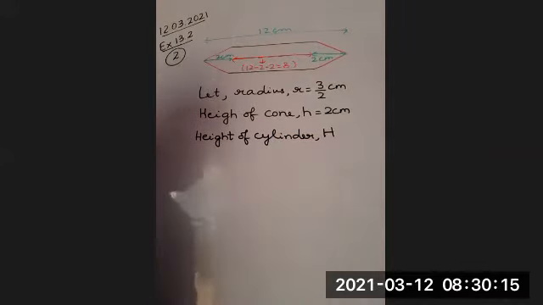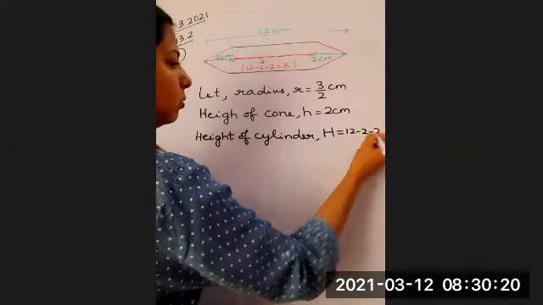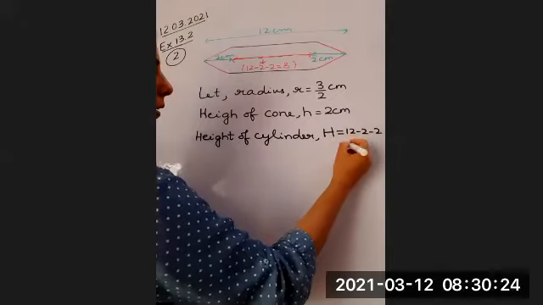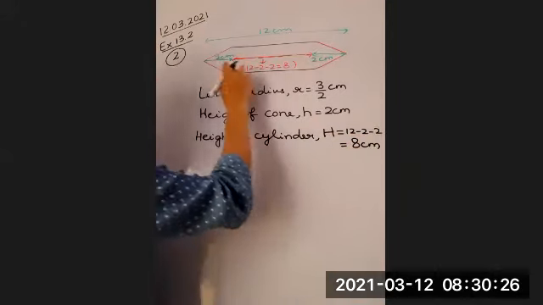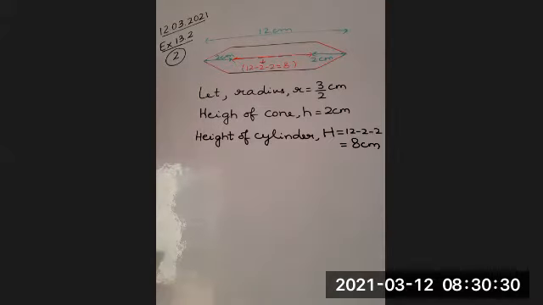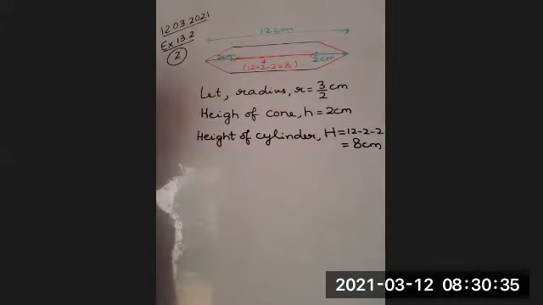Are you clear with the calculation of capital H, why it is 12 minus 2 minus 2? Yes, ma'am. I hope you are drawing this rough figure also for your understanding.